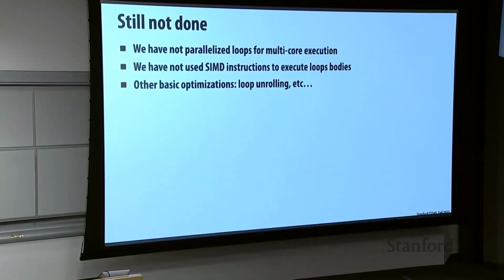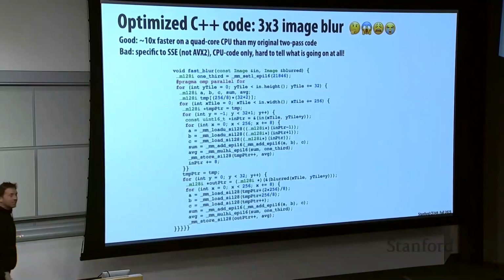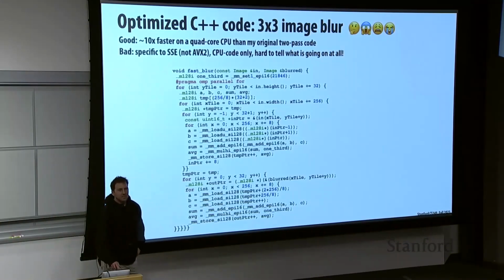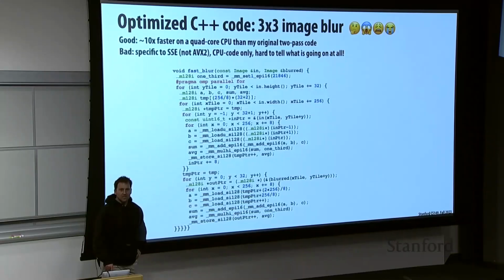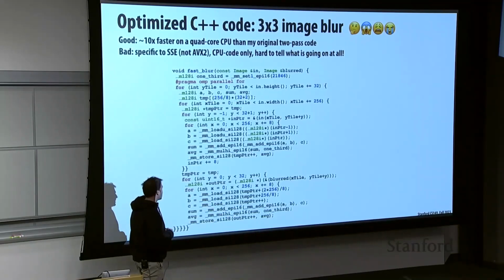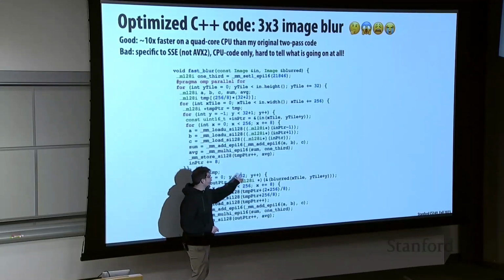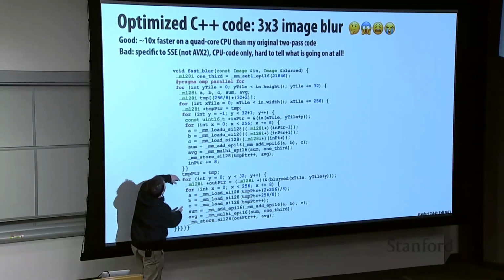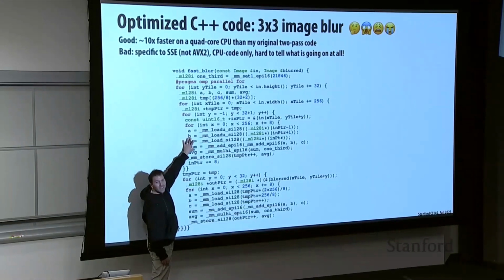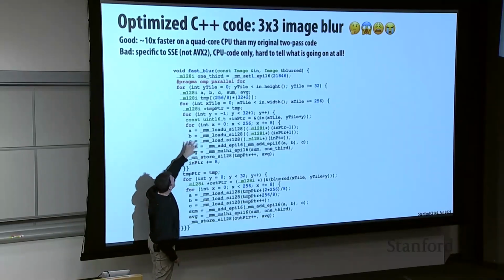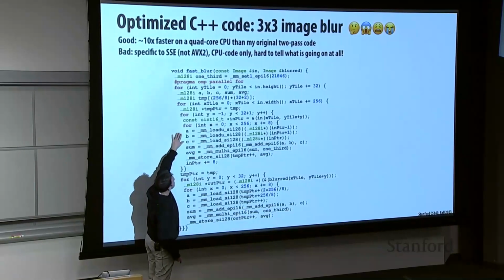So essentially, if you look carefully at this code, what it's doing is exactly what we came up with. It's saying for every chunk of the output, and every chunk of the output is actually 256 by 32, first compute a chunk of temp that is 2 elements wider and 2 elements higher. That's what these 2 for loops are doing.